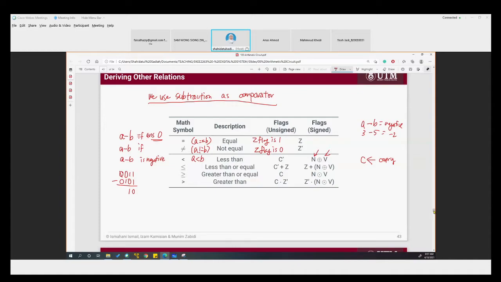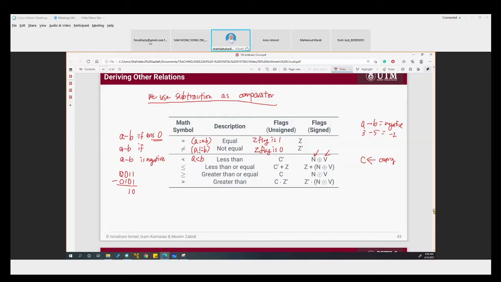What do you think? Sorry, Doctor, I couldn't hear you. Oh, you couldn't hear me. Who's talking? Anas? Is it you? Yeah. Okay. What do you think, Anas? If A minus B is negative, what happened to the C flag?